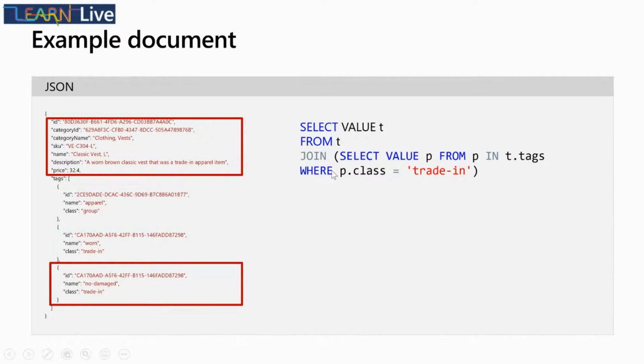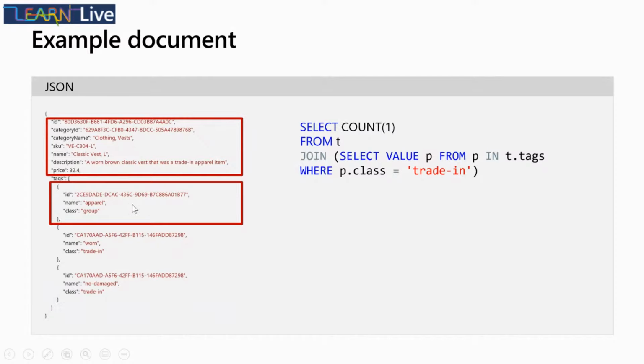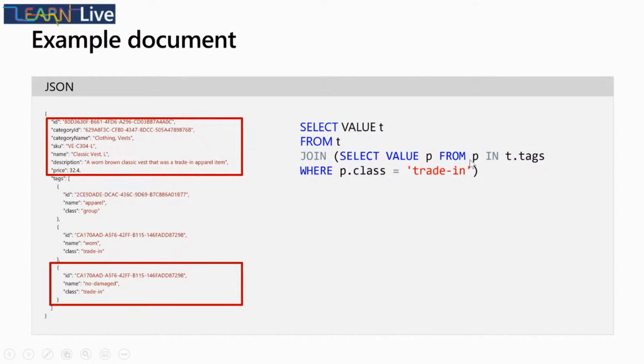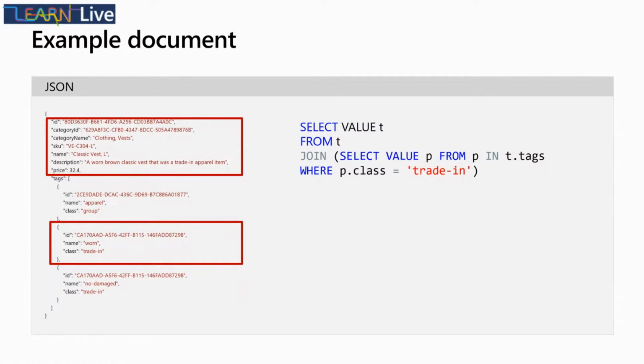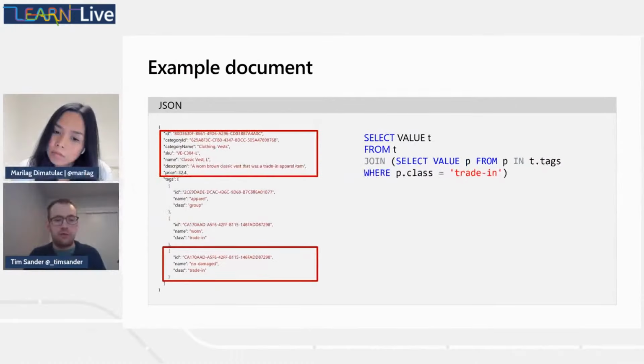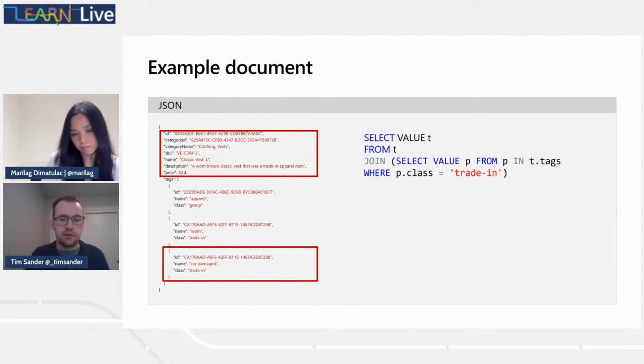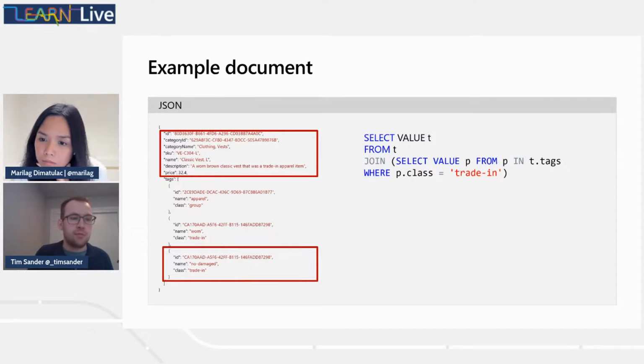Of course, because of the class equals trade-in filter, we can skip this first one. So for this specific query, writing it as a subquery would improve performance because we would only need to take the cross product with these two array elements rather than all three. And you can imagine if this array was much larger, if there were hundreds or thousands or tens of thousands of possible values within this array, it's certainly possible that the savings here could be really significant.